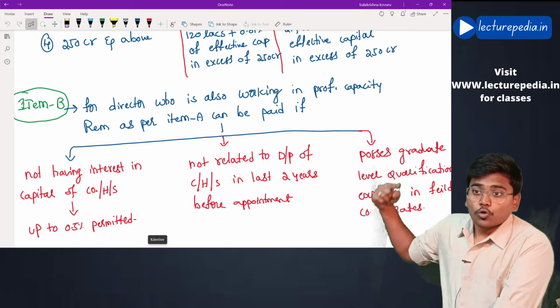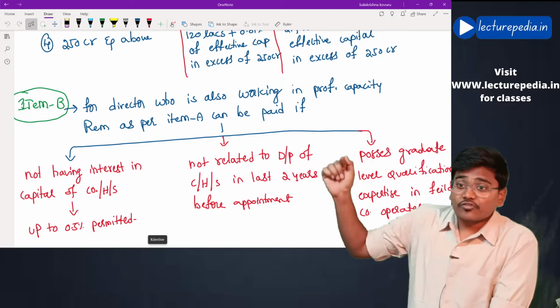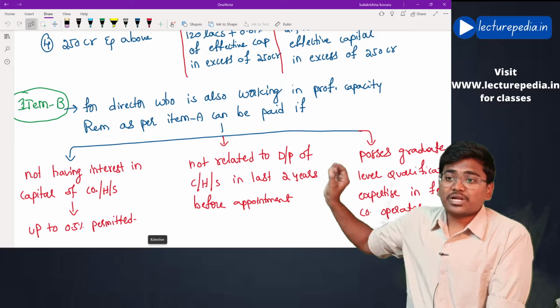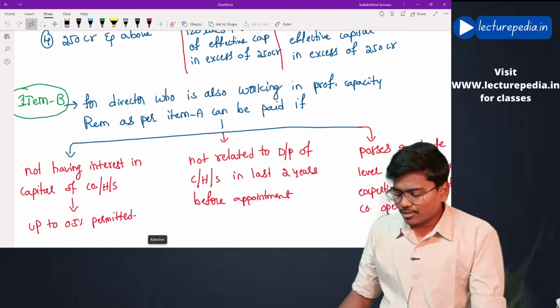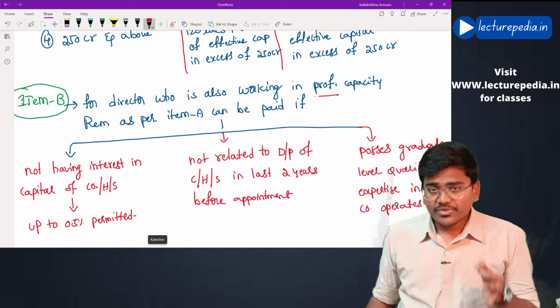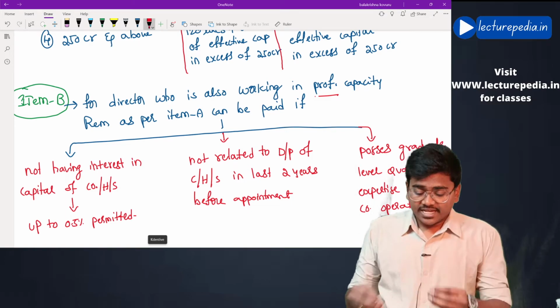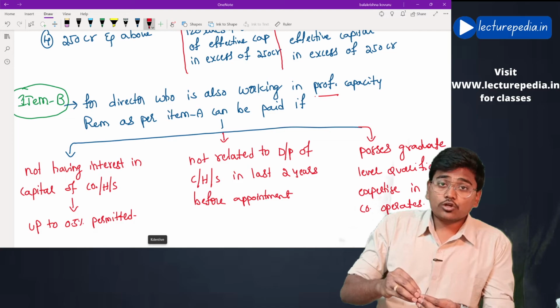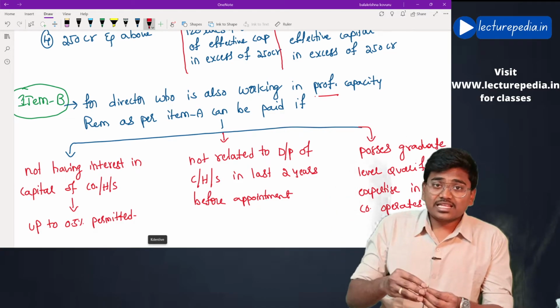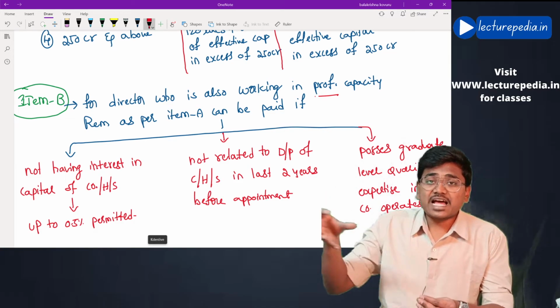For a director who is also working in a professional capacity, remuneration as per item A can be paid if the following three conditions are satisfied. In professional capacity means, let's say he is a doctor. Now he is appointed as director of the hospital and he is also working in the hospital in the capacity of his profession, that is as a doctor.